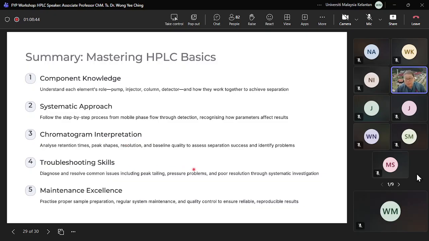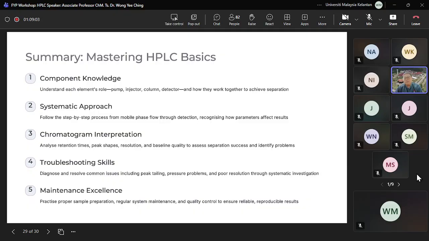I think it's not limited to those three, but I highlighted those three because they will be the common troubleshooting that students find when running the sample. And last but not the least, you must do very good maintenance.